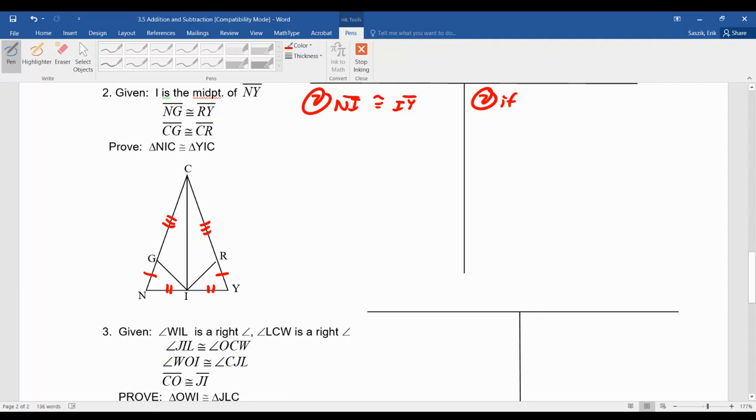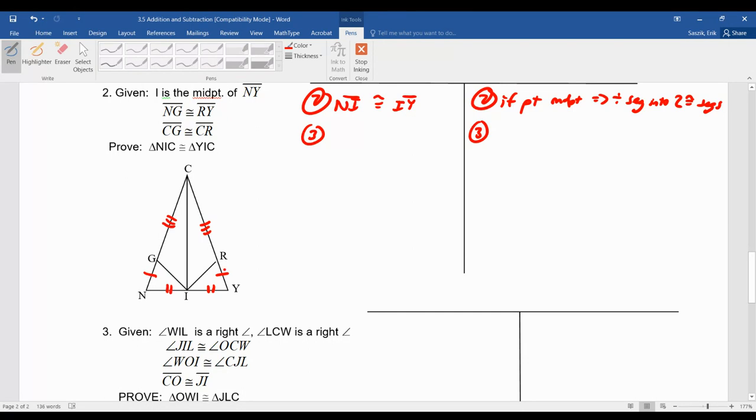This is on your gold sheet. This is number 9, right? If point midpoint, then divide segment into two congruent segments. Okay? Now, remember, we got to prove this big triangle and this big triangle. So we got a pair of sides right away.